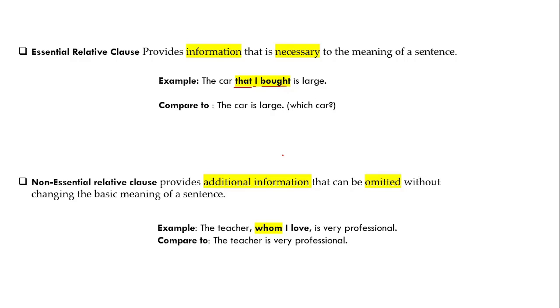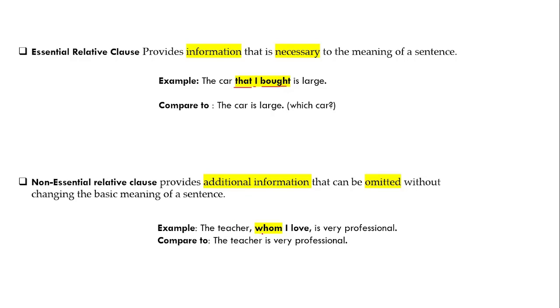The other type, which is the non-essential relative clause, and from its name, it adds information, but this kind of information can be omitted. For example, the teacher whom I love is very professional. If I take away whom I love, I can say the teacher is very professional. Everybody knows which teacher I'm talking about.